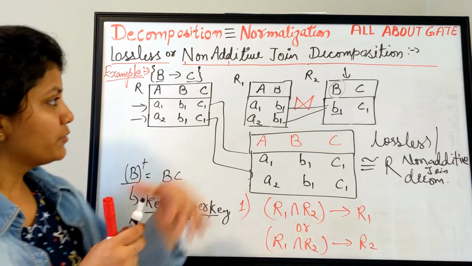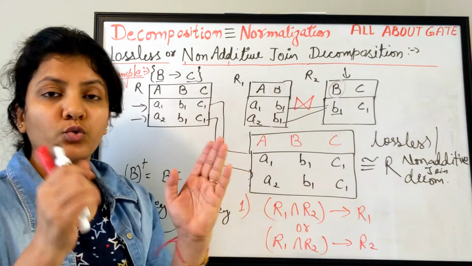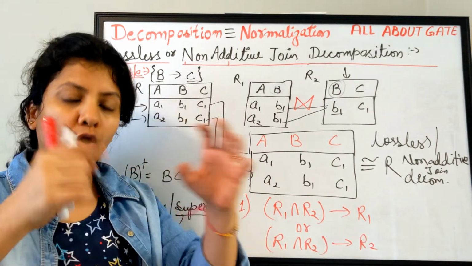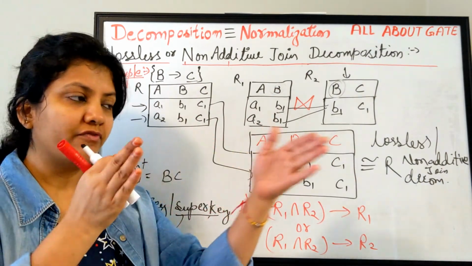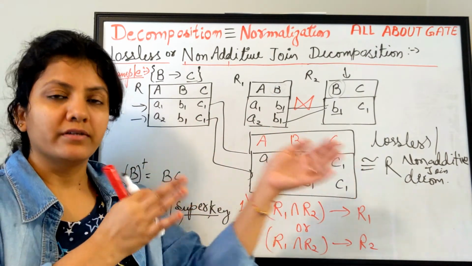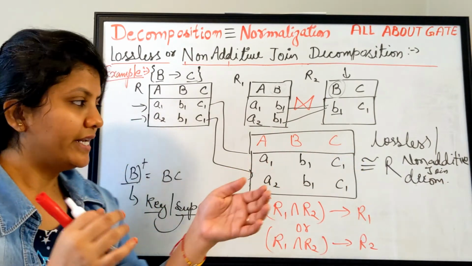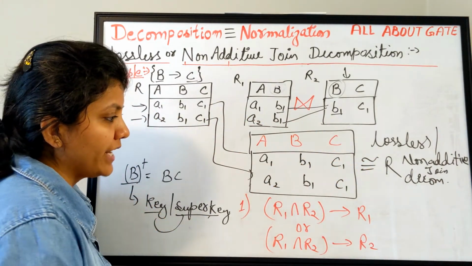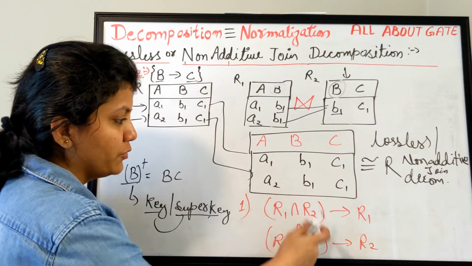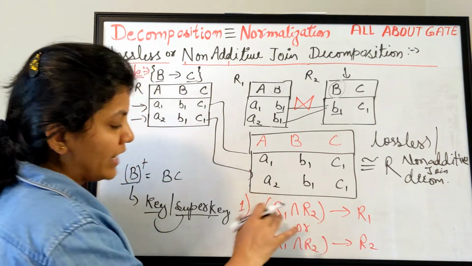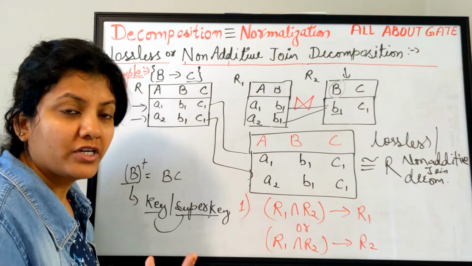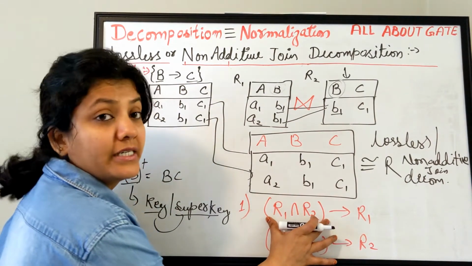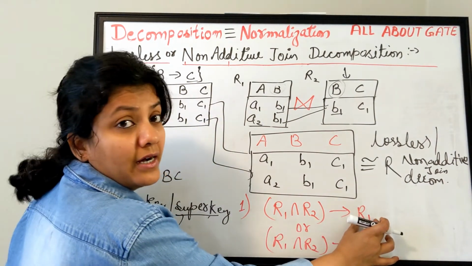So whatever attribute is common between the two child tables, or among all the child tables taken in pairs of two, if you write it in terms of functional dependency, that becomes the determinant part, and the entire relation, either R1 or R2, becomes the dependent.